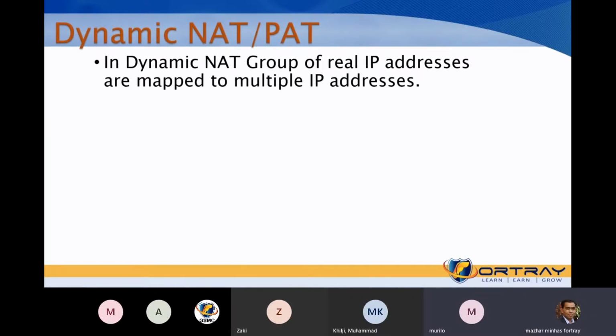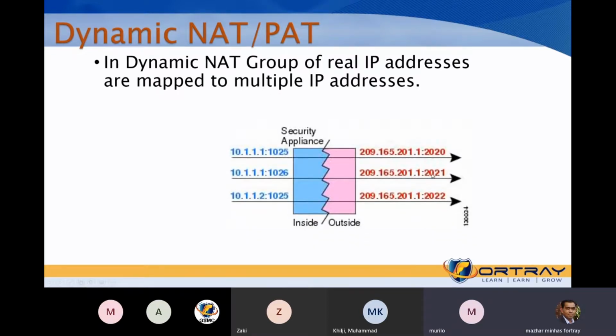What is NAT or PAT? In dynamic NAT, a group of real IP addresses is mapped to multiple IP addresses. Here you can see, is it a NAT or a PAT? One IP. What is the IP address of the source?